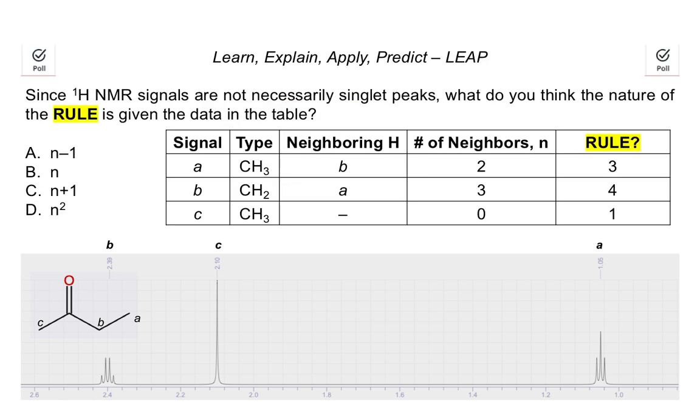So here's a table that helps us conclude that it is the n+1 rule. And so what we're doing, let's look at signal A to start. We've said that that's a CH3 group.